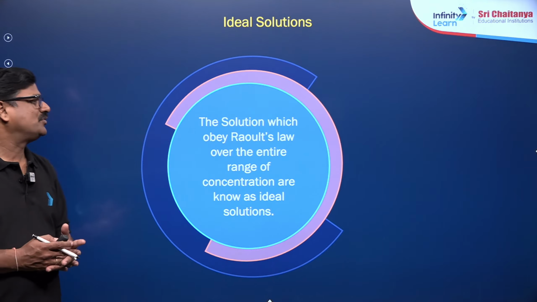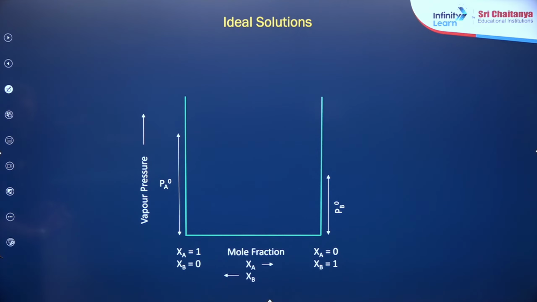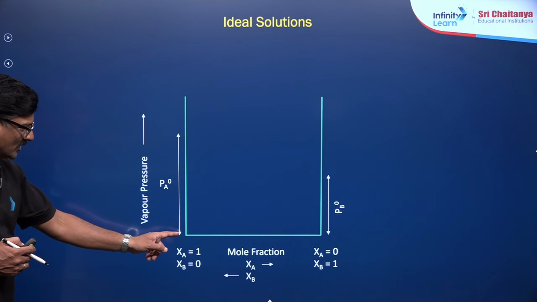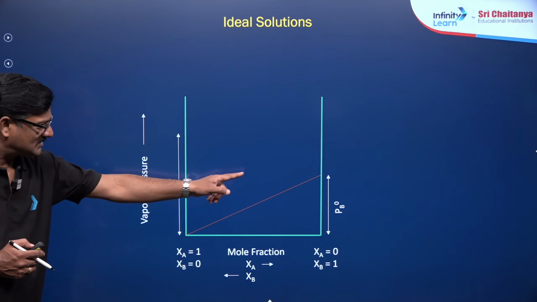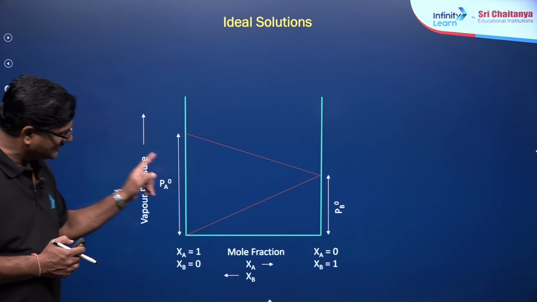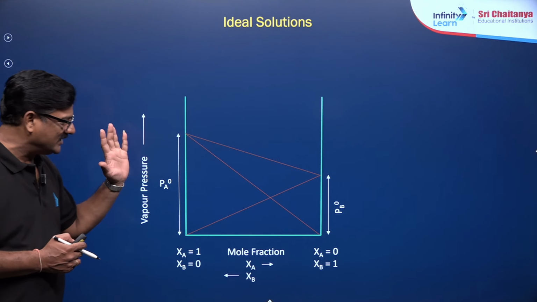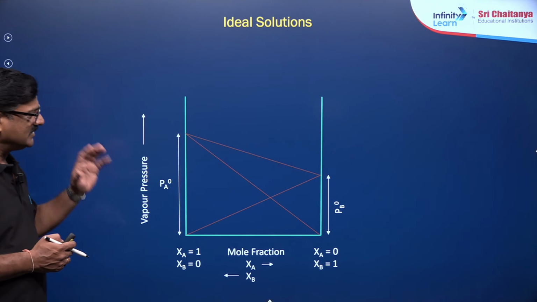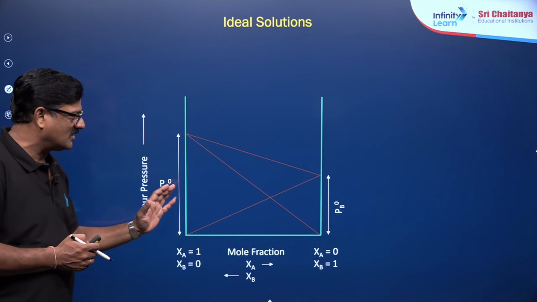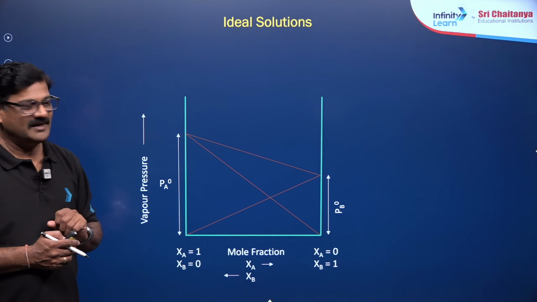Then we will see what non-ideal solutions are and the conditions for them. For ideal solutions, the vapor pressure of A is like this, and the vapor pressure of B is like this, and it is going to be a solution. So this is a linear plot, and any solution which obeys this graph is called an ideal solution, right?